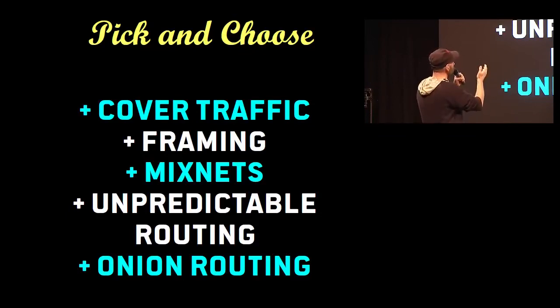But as long as we're doing framing and onion routing and mix nets, that's pretty good. Or in another situation, we may want to do real-time telephony, so it's not good to do mix nets because it would be very slow. It's even maybe not good to do onion routing. But it's enough if we do some unpredictable routing, if the telephony is well framed, and if we have some cover traffic on top.